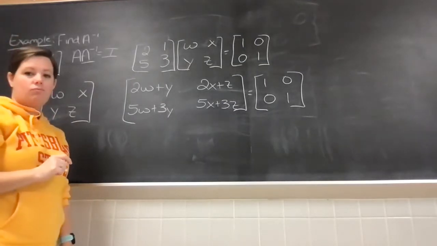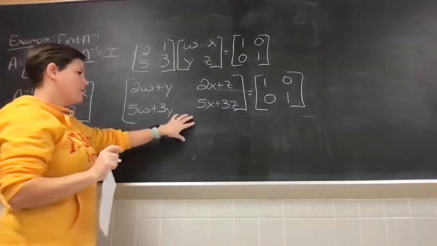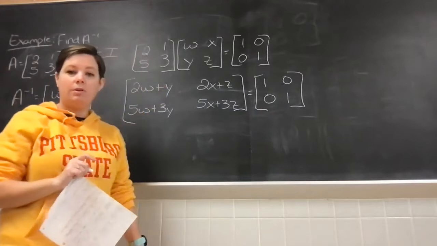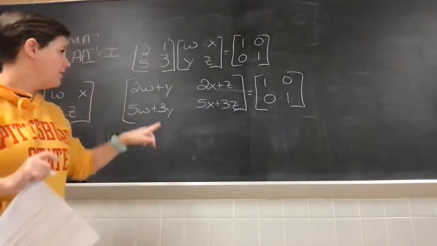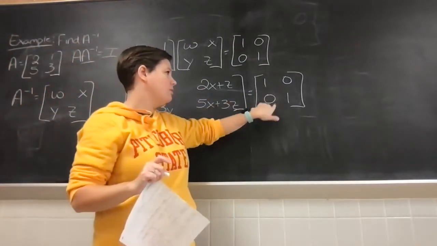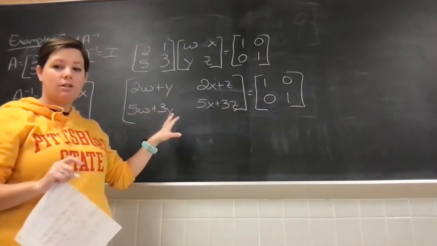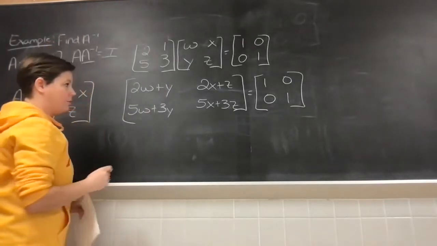Okay, so you might be saying, well, now what do we do? Well, now we have one matrix, and we have it set equal to another. From 6.3, we know that two matrices are considered equal or equivalent if each element within the matrix is equal to each element in the other matrix. That means that from this matrix, I can write systems of equations and thus solve for my variables.